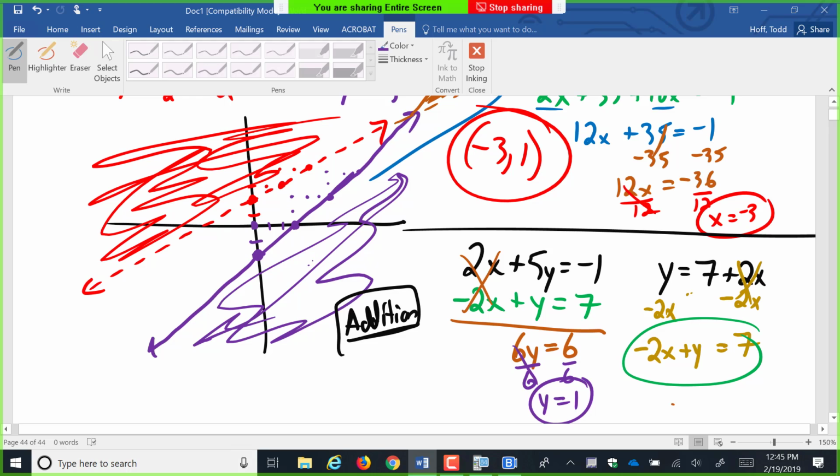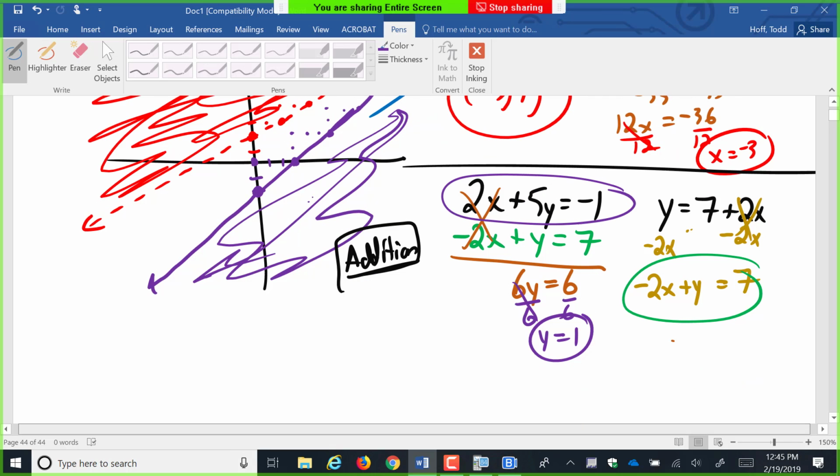Now we have to find x. We can use either of the original equations. I'm going to go ahead and use the top one. So to find x, I put 1 in for y. So 2x plus 5 times 1 equals negative 1.